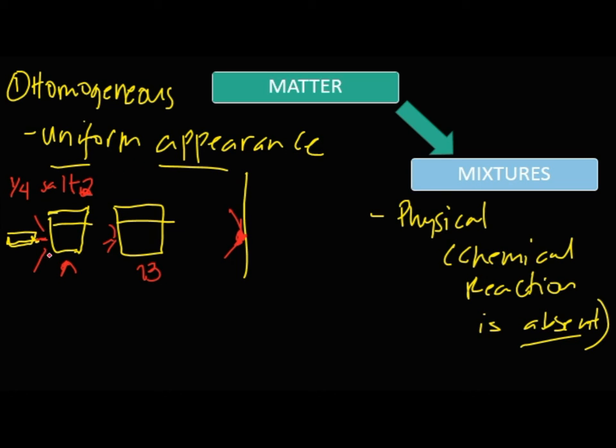In glass A, ulitin mo lang, ano ka ng laser pointer, hindi mo pa rin makikita yung path of light because the appearance is uniform, homogeneous. The salt particles are too small, less than 1 nanometer. The particles are too small that they cannot reflect or bounce back the light that comes from the laser pointer.